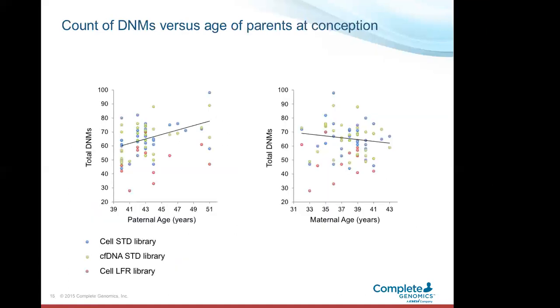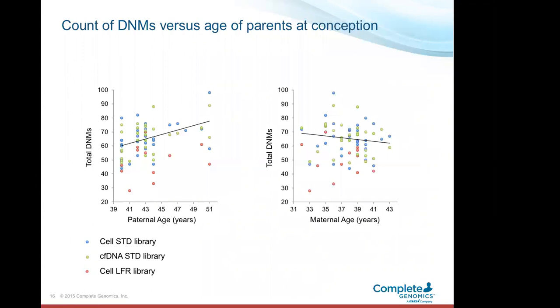It has been described that older fathers tend to contribute a higher number of de novo mutations than younger fathers. So we plotted the total number of de novo mutations in each of these fetal genomes against the age of parents at conception.